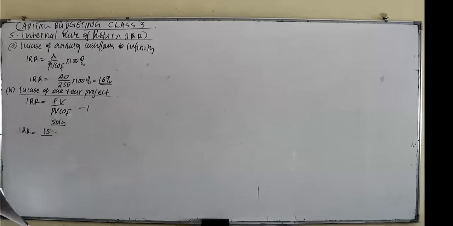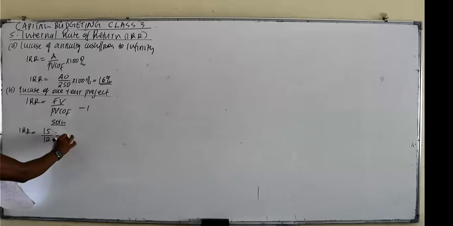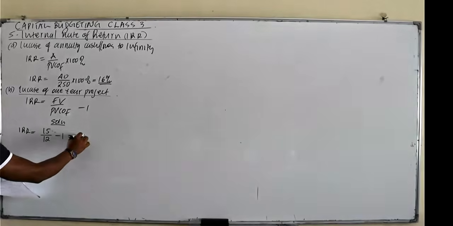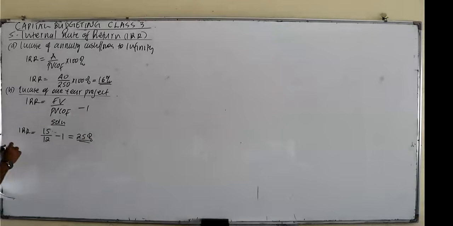How much are you investing? That's the present value of cash outflow, 12, and then you minus 1, in percentage form. Got it? Yes? 25%. Good. Can copy?